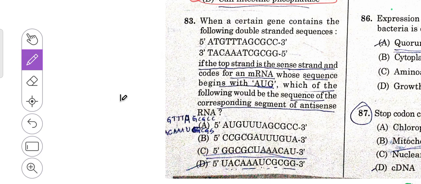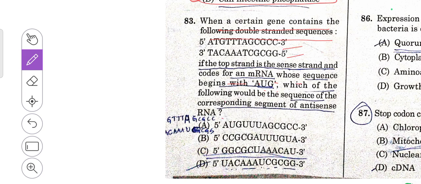Next question, 83. When a certain gene contains the following double stranded sequence, so this is a double stranded sequence. If the top strand, the sense strand, encodes for an mRNA whose sequence begins with AUG, which of the following would be the sequence of the corresponding segment of the antisense RNA?